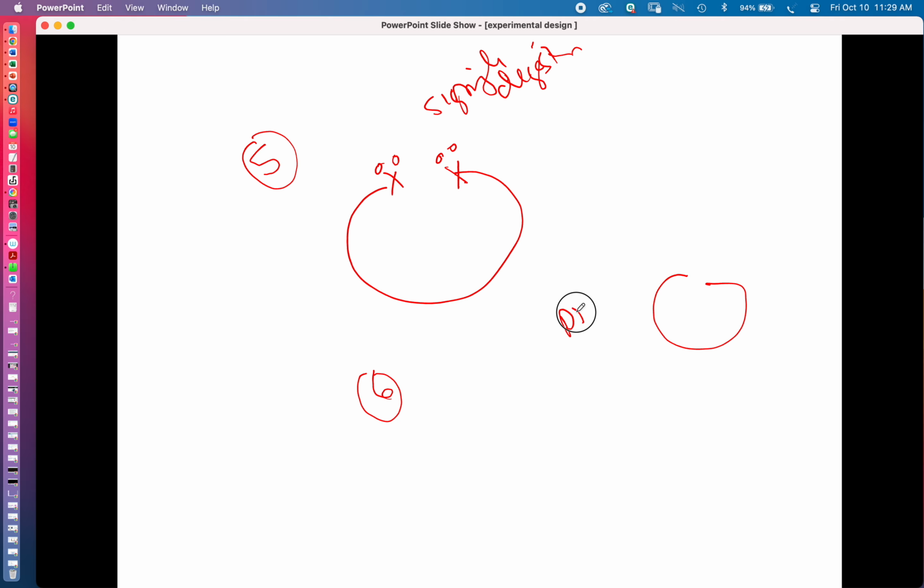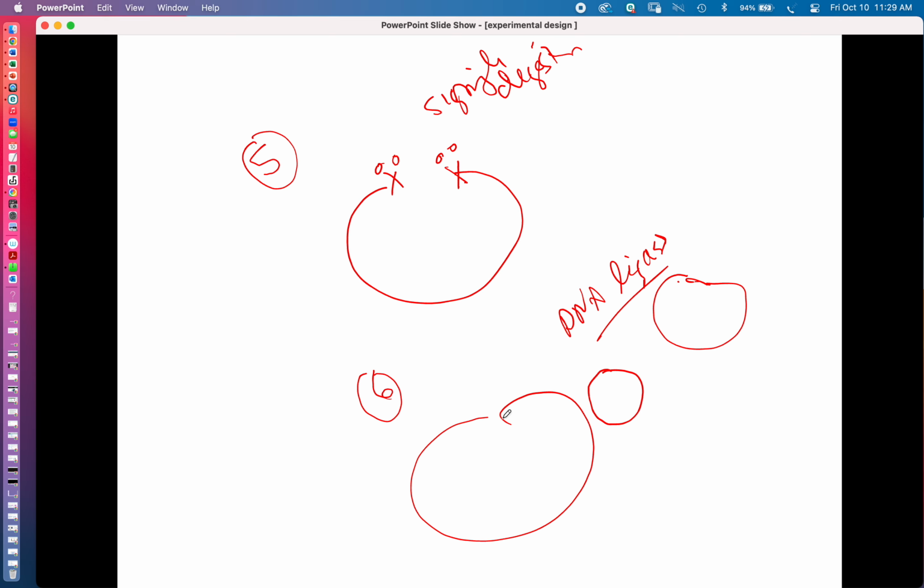And the glue happens to be called DNA ligase, and you don't need to remember all these names because you're not going to be quizzed on them. And the DNA ligase is the glue that can close it up.